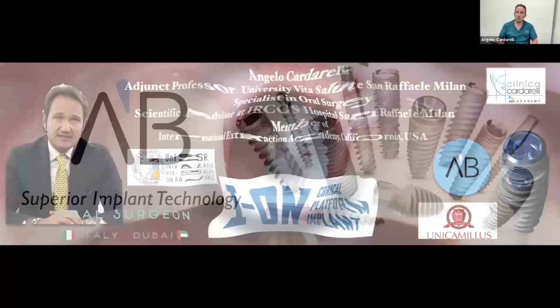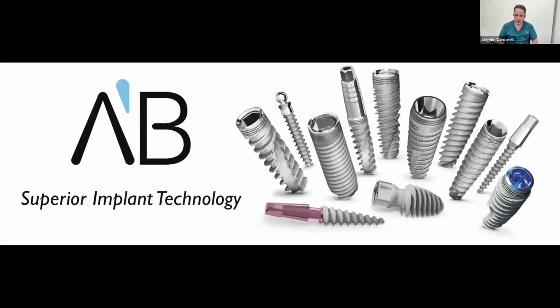As you know, we have different shapes, as I told before. So basically we have the internal connection, and we can choose different shapes according to the quality of the bone and our surgical procedure. What I mean is, if we need to treat the maxilla, we will use more aggressive threads in order to increase the primary stability.